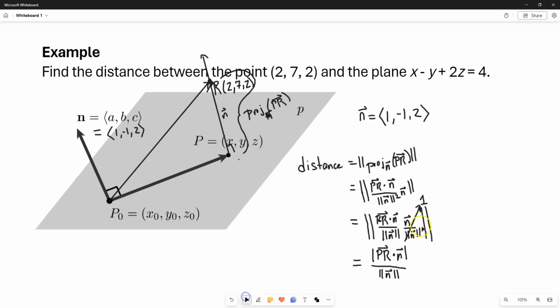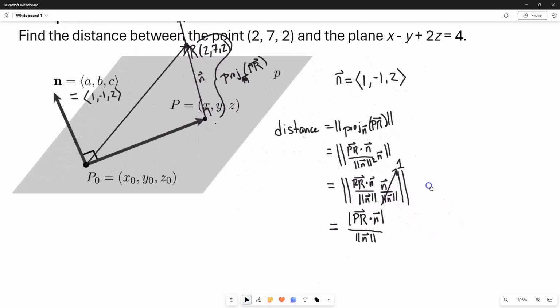So using this, in this example, PR is going to be the vector going from the plane up to this point. So we need a point on the plane. A real easy one to pick needs to satisfy our plane equation. If x is 0, y is 0, and z is 2, then that's a point on the plane.